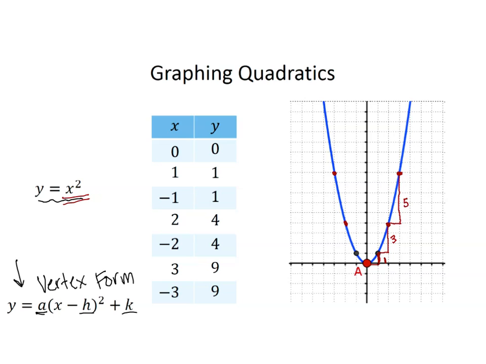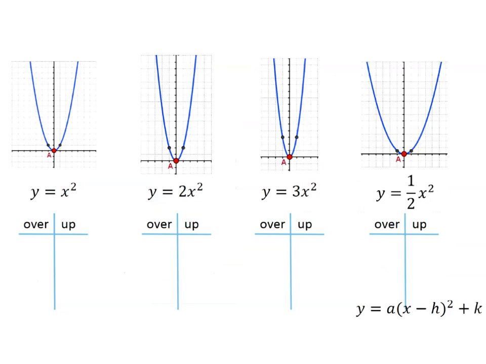So we're going to use this 1, 3, 5 pattern to graph some of our other parabolas where we're changing the shape. Here the first one is our original, and we know that we went over 1 and up 1, over 1 and up 3 to get to the next point, and then over 1 and up 5 to get to the third point.